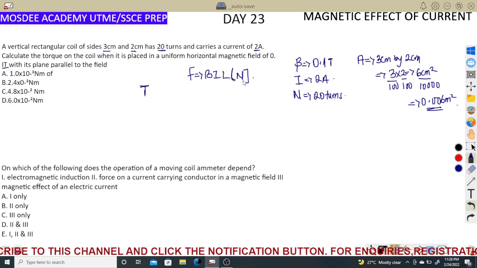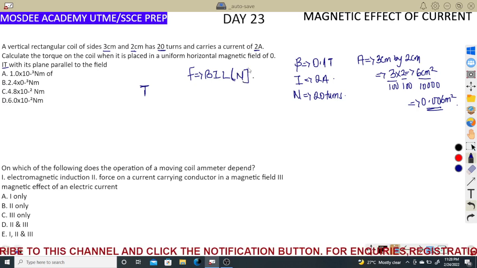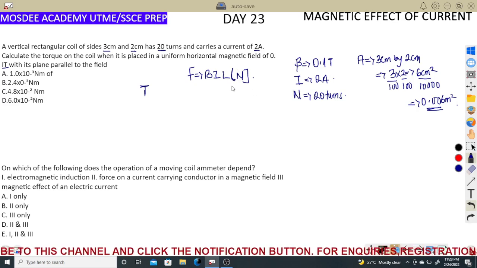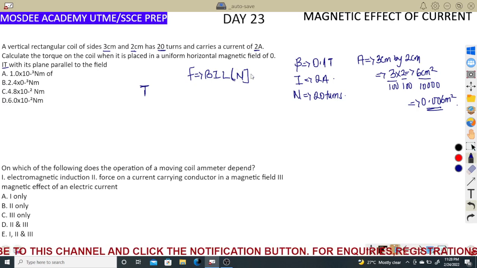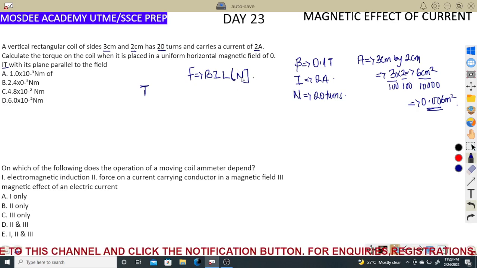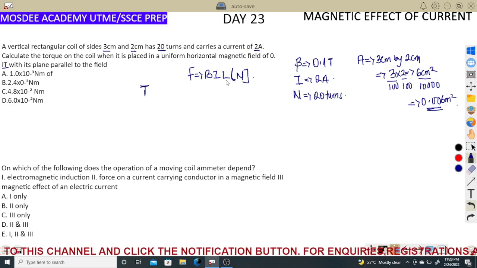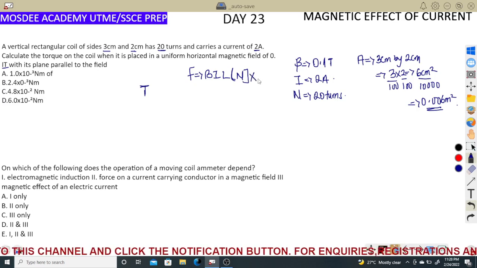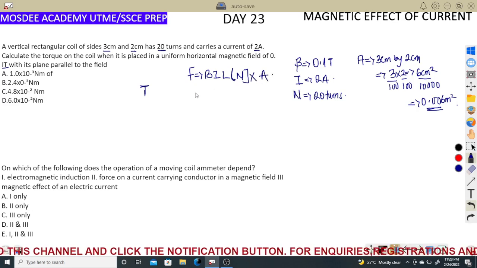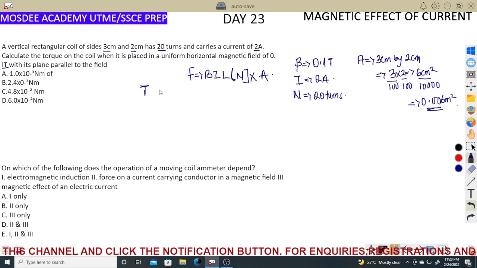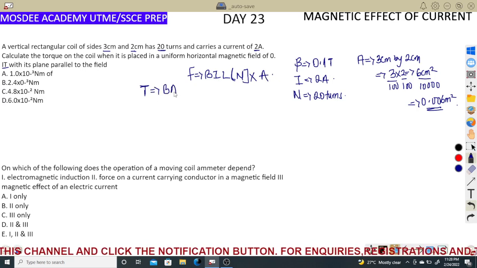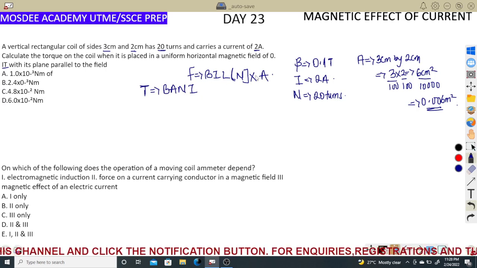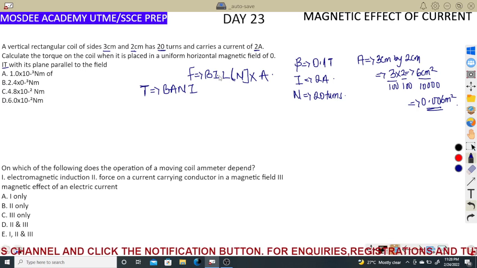As this rectangular coil is rotating, it is covering an area at an instant of time. So the force generated by the magnetic field multiplied by the number of turns and the area is called the torque. So what I'm trying to say is most of your textbooks will write it as BANI, B-A-N-I. Please always keep that at the back of your mind. Please note that.